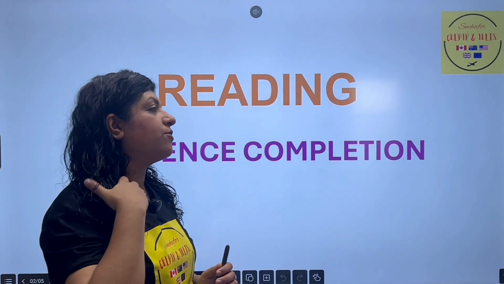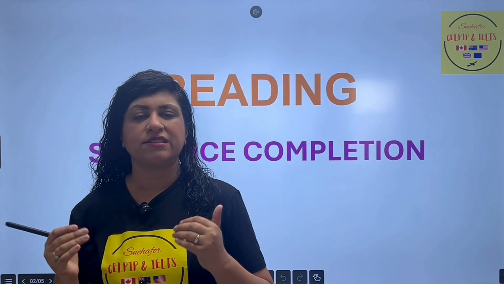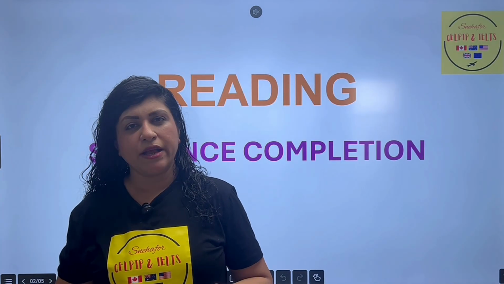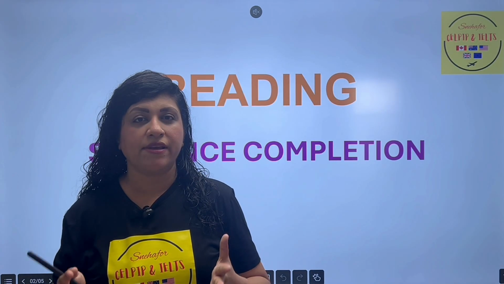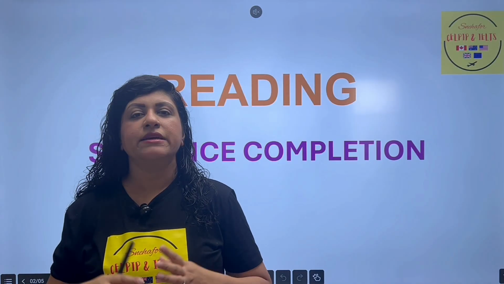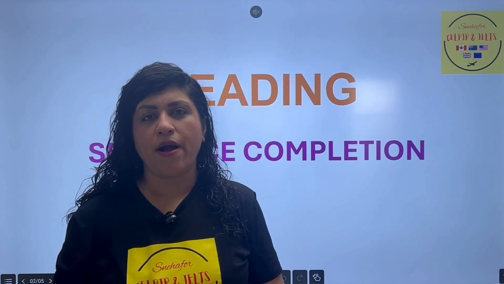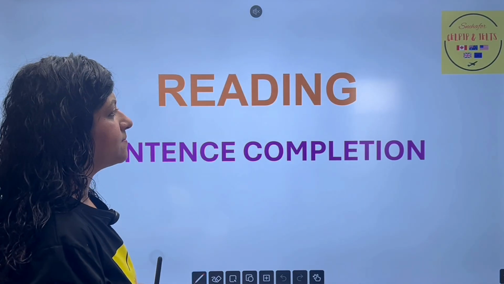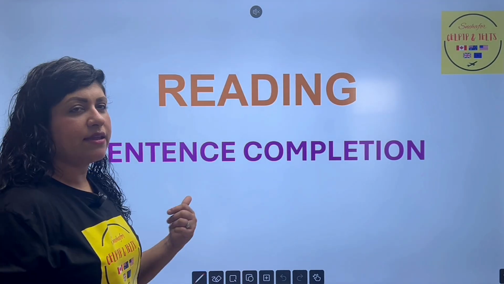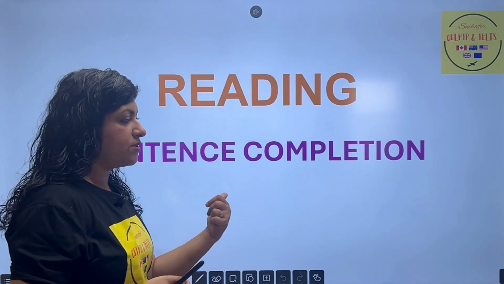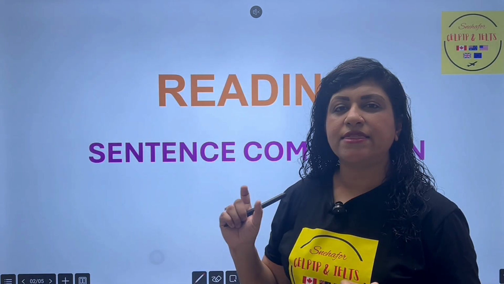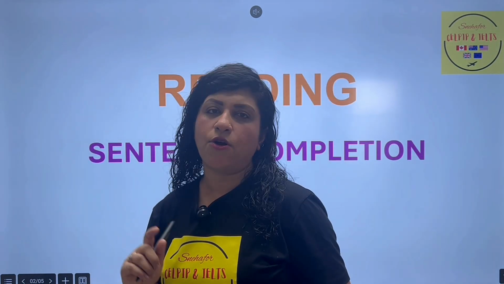Now when we talk about reading sentence completions, these types of questions are seen both in academic IELTS as well as in general IELTS, and these are nothing but fill in the blanks. It's just that in this form of question, the space will appear at the end of the sentence generally.